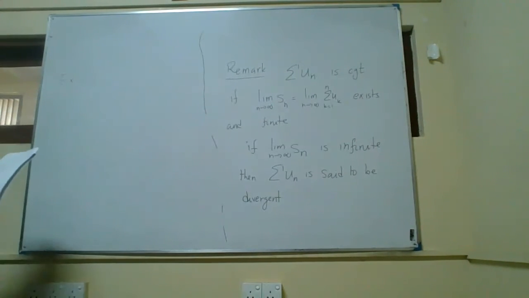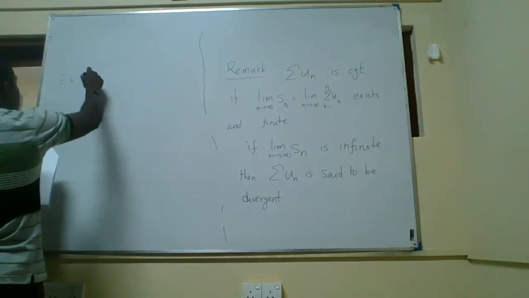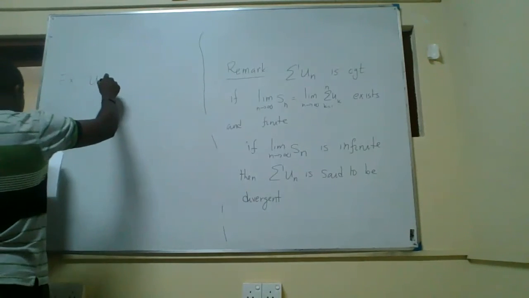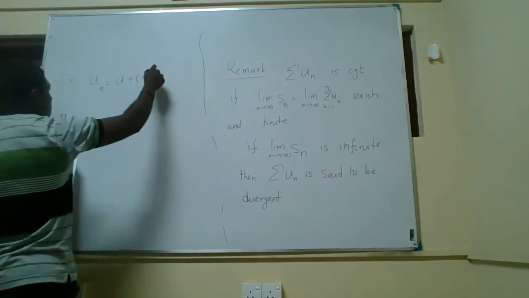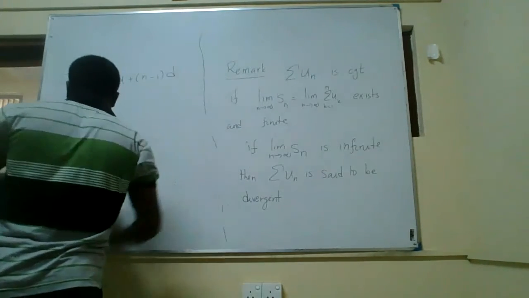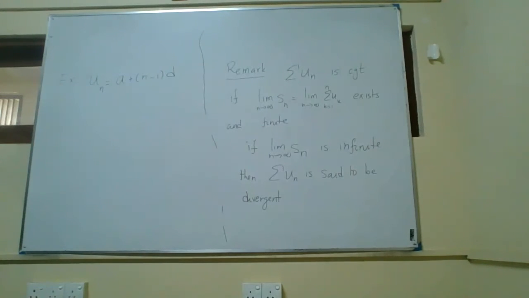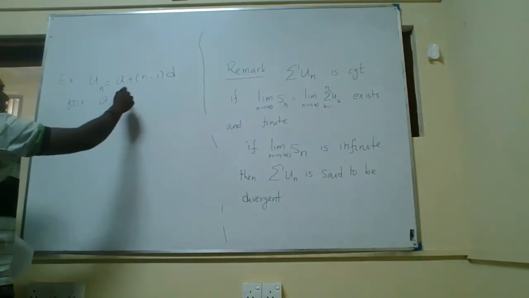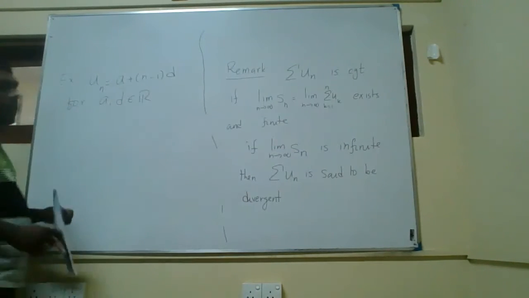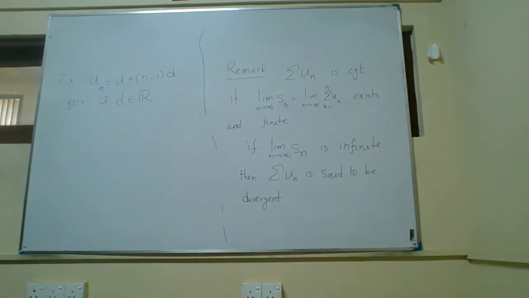An example. Let us define a series like this. The nth term in the series is u_n equals a plus (n minus 1) times d, for some fixed real numbers a, d.